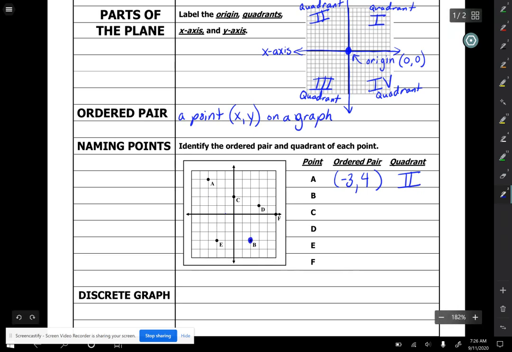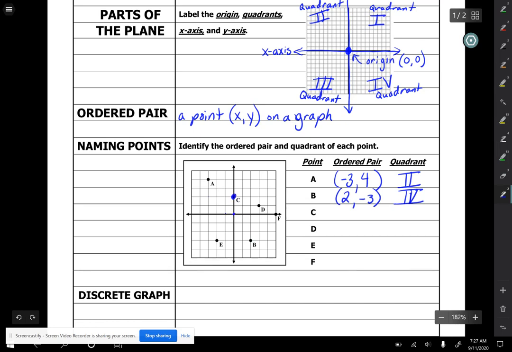And that is in quadrant 2. Point B is here. So starting at the origin, if I have to move to the right 2, that's going to be +2. And then if I move down, that's negative. So it's -3. And that is in quadrant 4. Point C is right here on the y-axis.